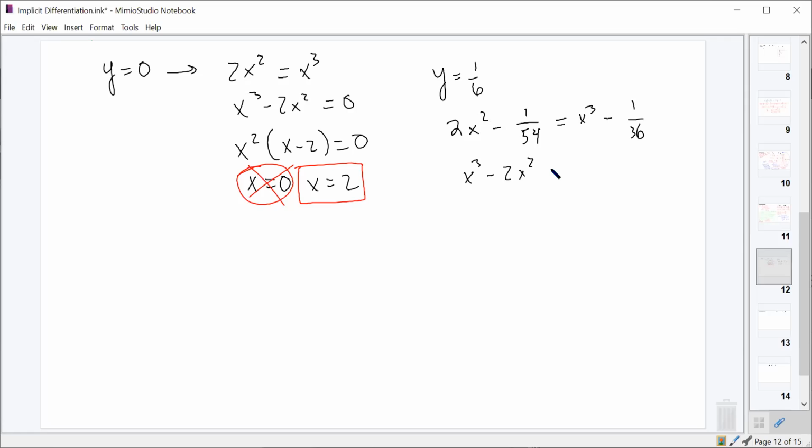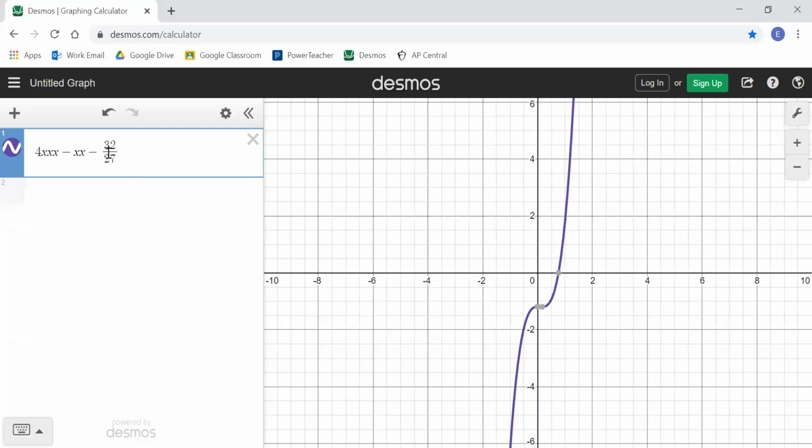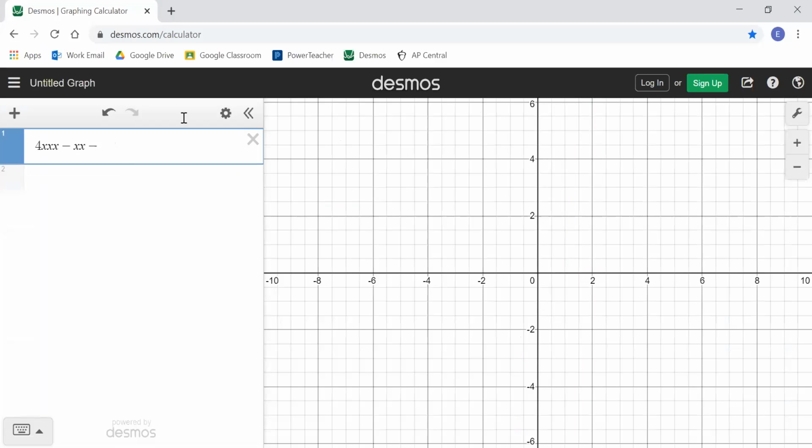I think it's going to be maybe 1 over 108. Yeah, that's going to be minus 1 over 108 equals 0. And so if we solve this equation, we can do the same thing with Desmos. So x cubed minus 2x squared minus 1 over 108.